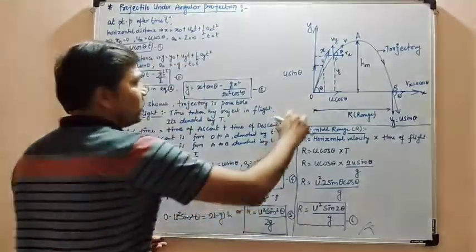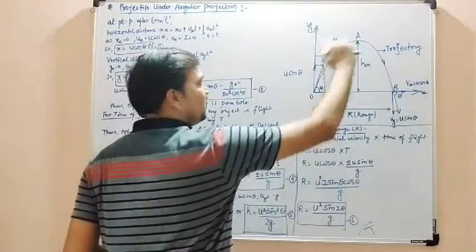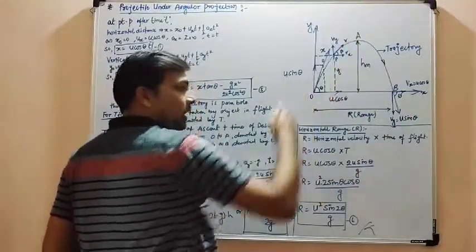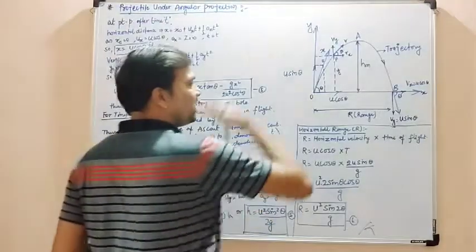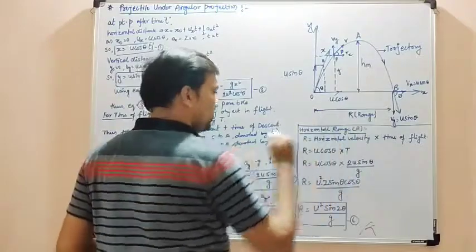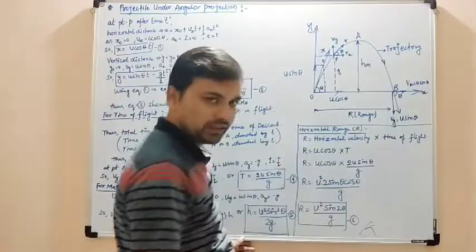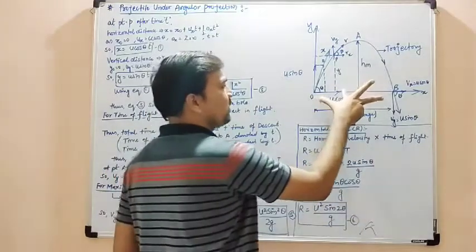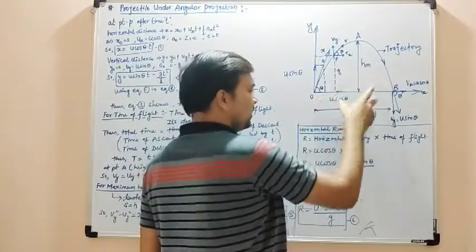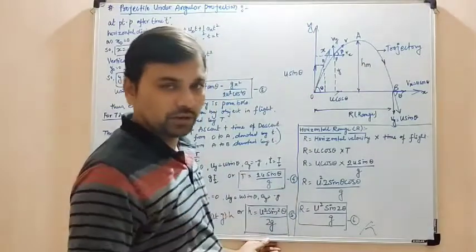Now, we already discussed the position, the time, and the height. Only one thing is left: at what distance, at what range the particle will strike the ground. That will be identified with the help of the horizontal range method. It is a kind of distance, so the horizontal range is given by capital R. Distance is nothing but velocity into time.